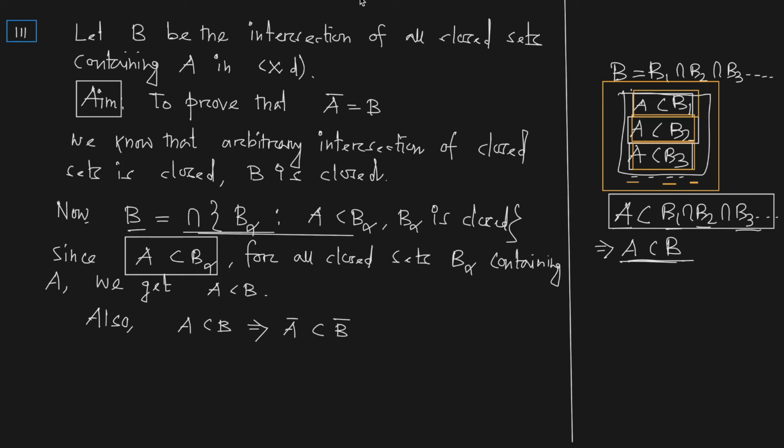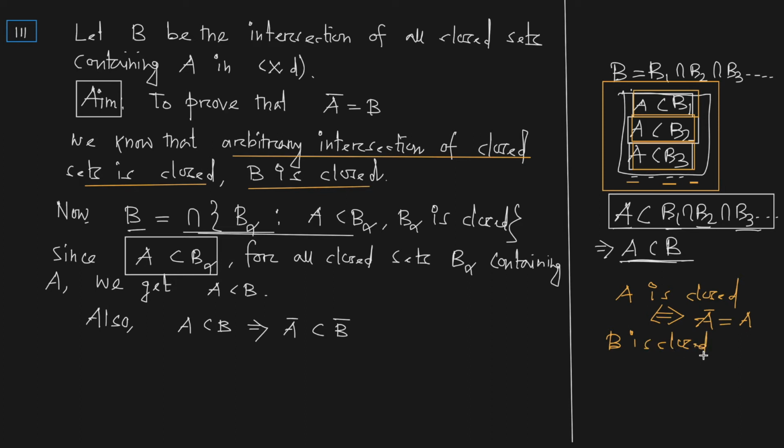We know that the intersection of an arbitrary collection of closed sets is closed, so B is a closed set. By the previous property, a set A is closed if and only if A closure is equal to A. So B is closed means B closure is equal to B. Clear?